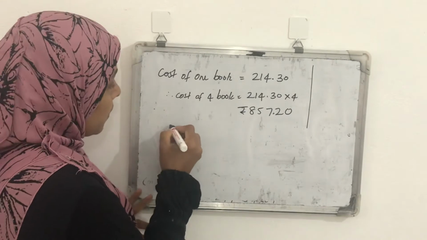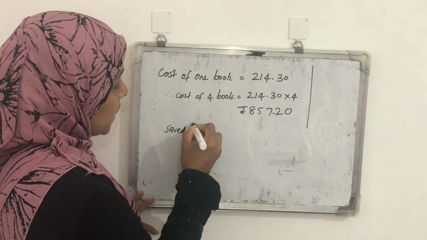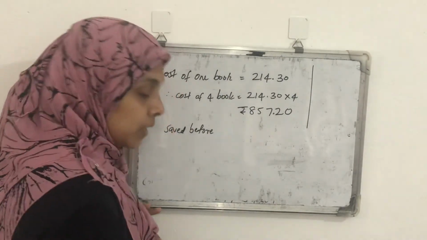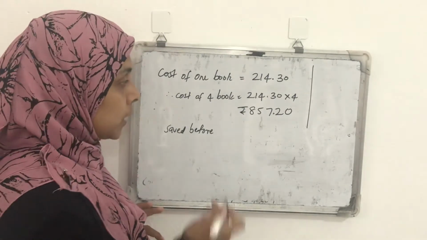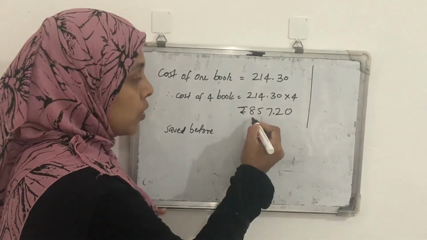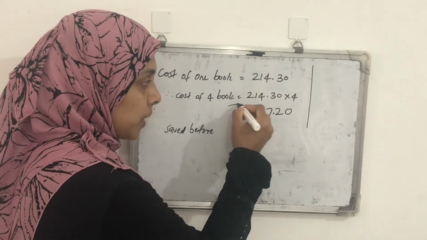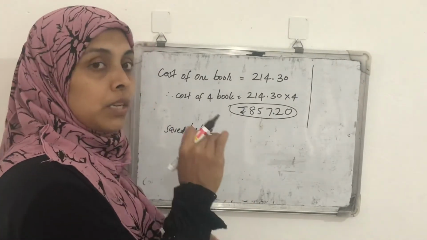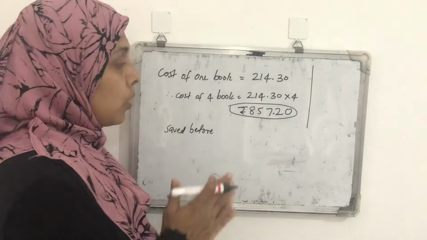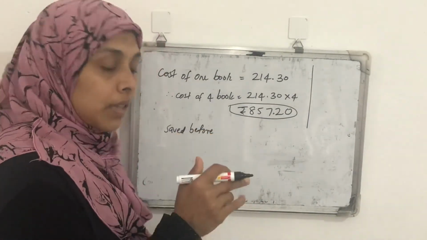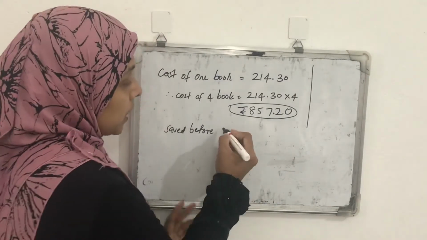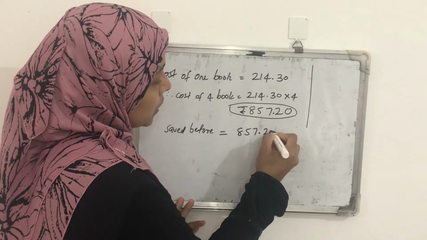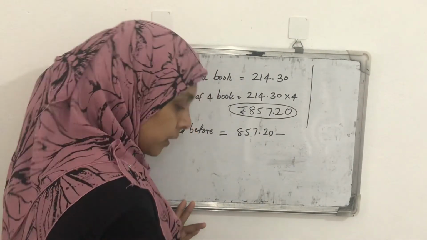The money that Susan saved before adding this will be how much? 161.25 rupees, taken from the total cost. Now she spent this much rupees in total for buying those 4 books. So this is the correct money she had in the bank account. So the money she saved before adding that 161 rupees 25 paise will be equal to 857.20 minus what is the cost?